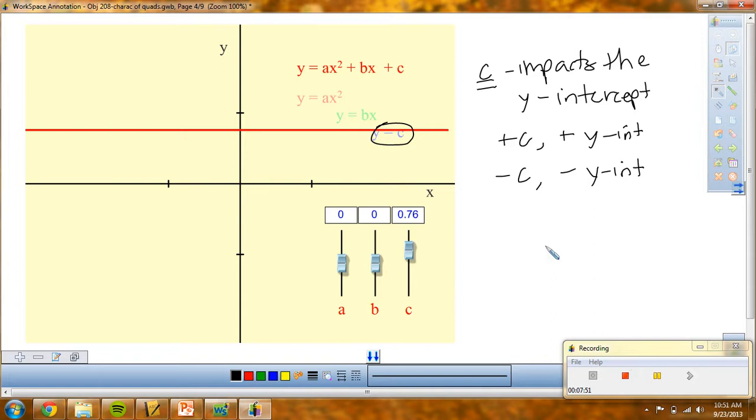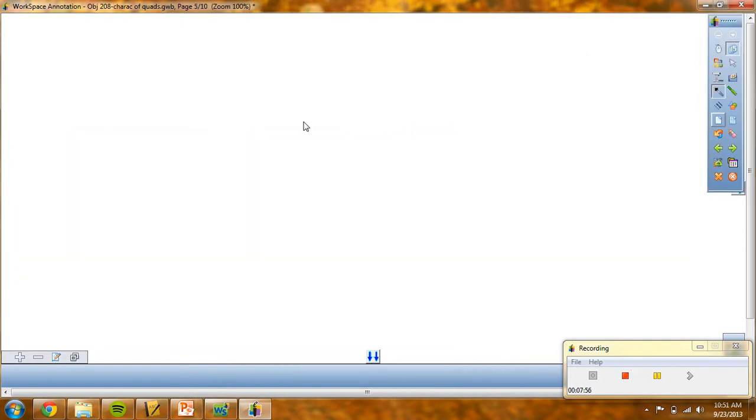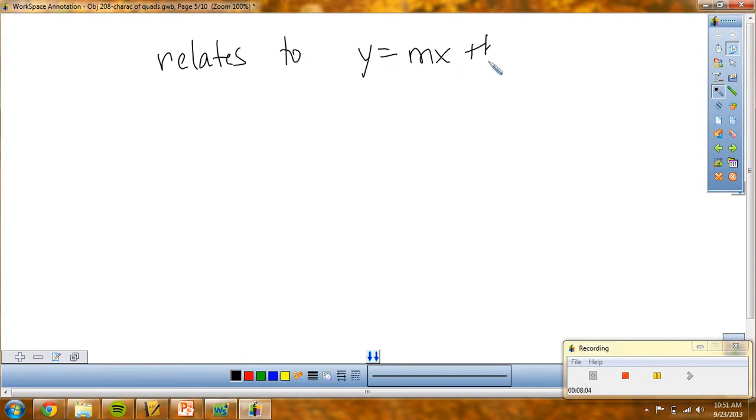So really this does all relate to our y equals mx plus b. Here the x term represented slope, which is the same thing we saw for our b term, which was part of our x term. Here, our b was our constant, which gave us our y-intercept, which is the same thing we're seeing in our quadratic.